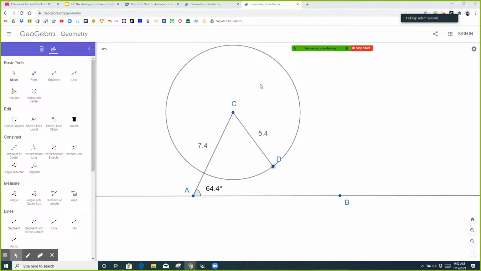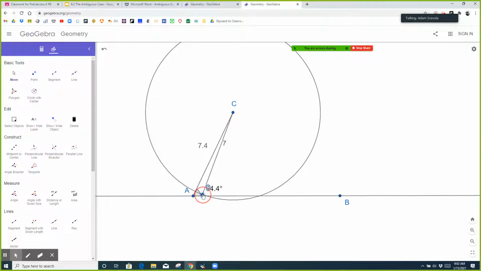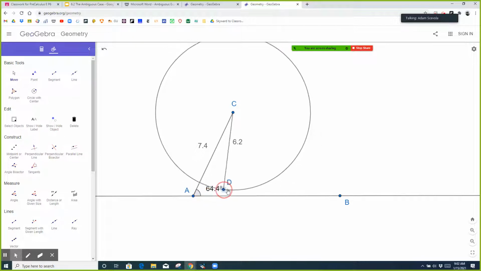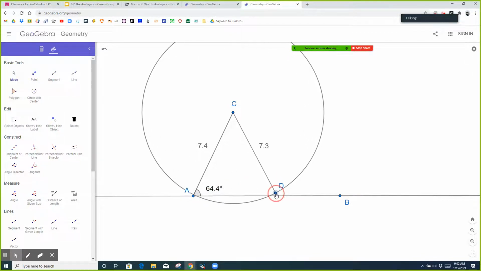Oh, all right. Okay, so now, what do we look at when this given angle is acute? So first, if you look at this circle, we want to make sure that this side is long enough so that it'll reach.